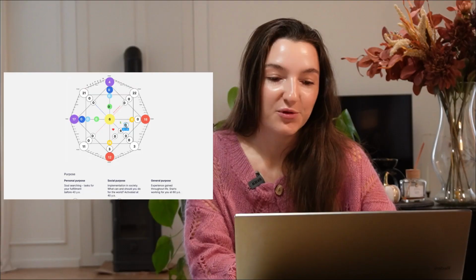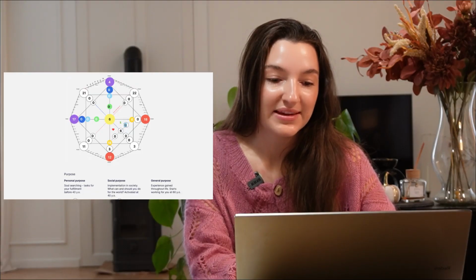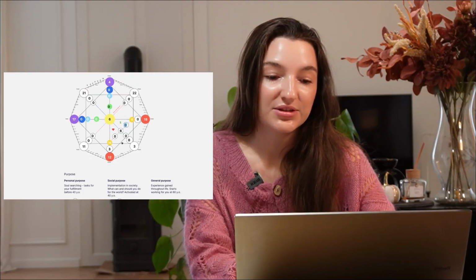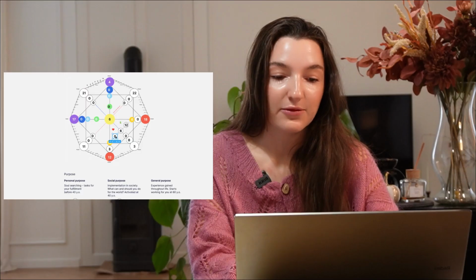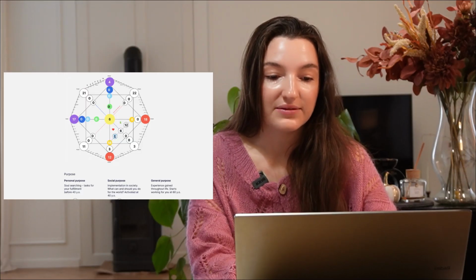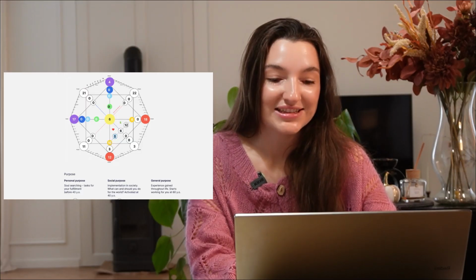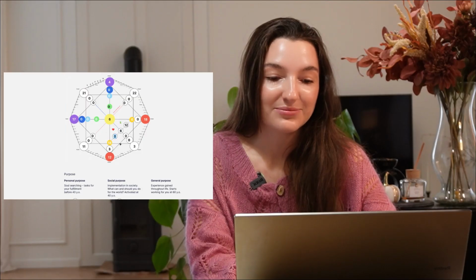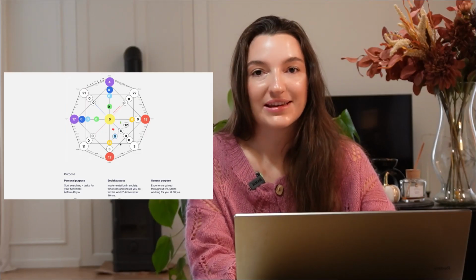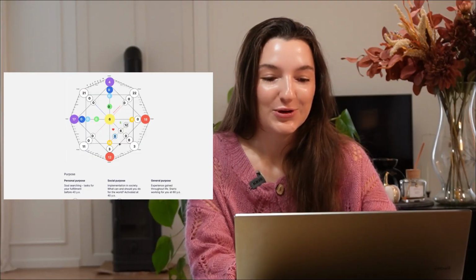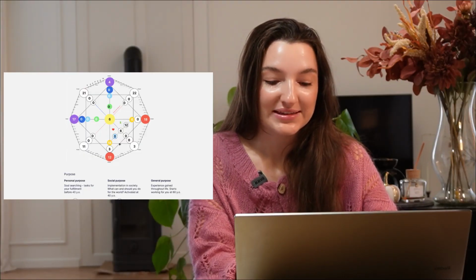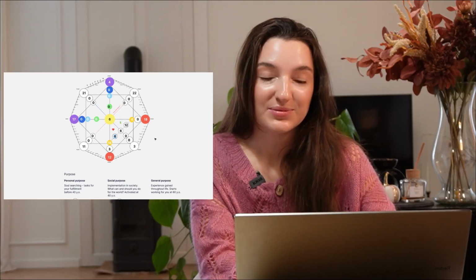I will start from the money line. We have to add two neighboring numbers, 6 plus 6, and it will be 12. And for the love line, we have to do the same actions. Just sum up 18 plus 6, you will have again 24, a lot of 24 in this chart. And the result will be 6 again, because we added 2 plus 4.